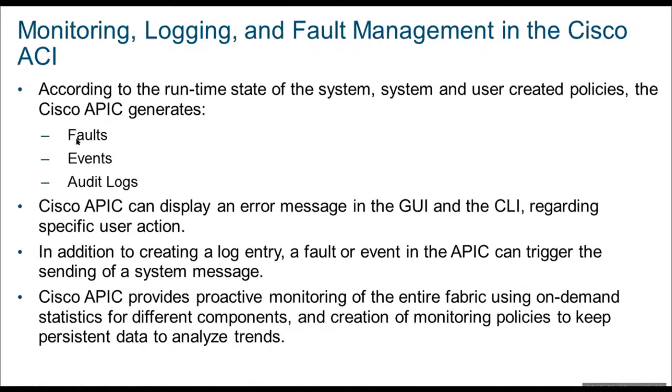APIC would generate faults, events and audit logs. It will display the error messages in the GUI and the command line regarding whatever user action. So I did mention that for faults and events, you can tell the APIC to trigger sending a message.